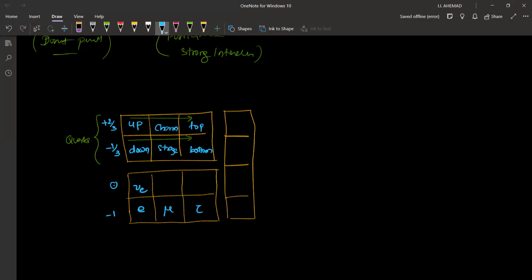This is electron neutrino, this is mu neutrino, this is tau neutrino. And this classification, we call leptons. These two together are the fermions. Both of them combined are the fermions.